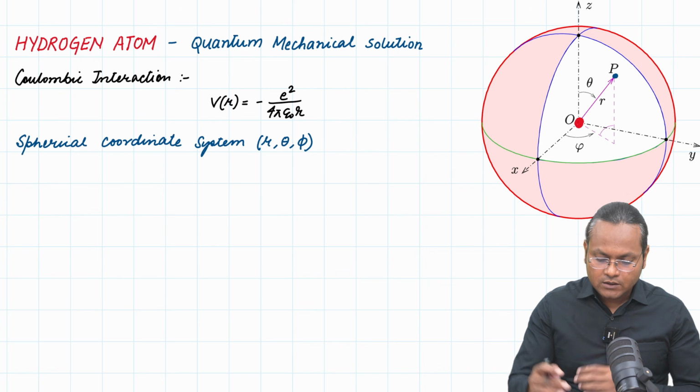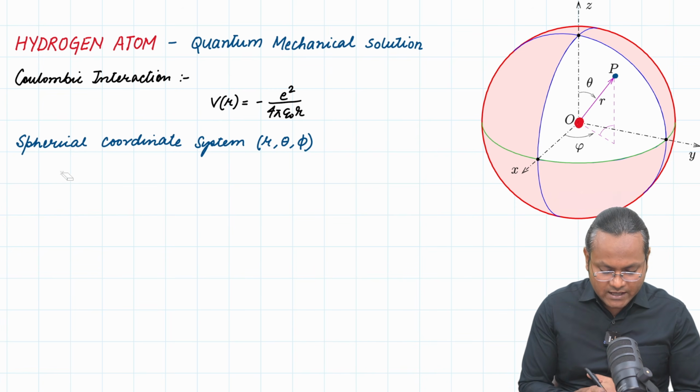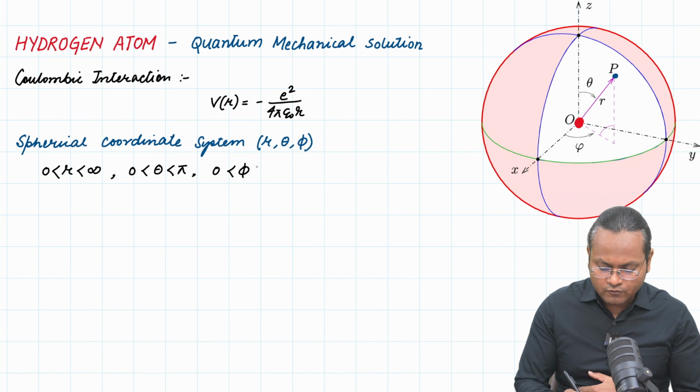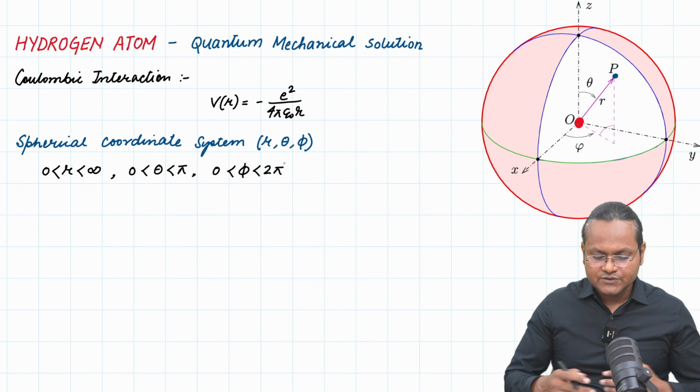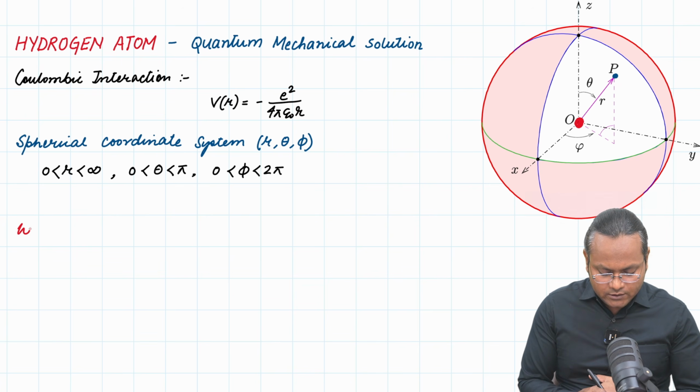If you look at the nature of this particular coordinate system, it is obvious that the radial magnitude can go from 0 to infinity. Theta, the polar angle, can go from 0 to pi, and the azimuthal angle phi can go from 0 to 2 pi. We are ultimately interested in solving this particular problem to obtain the wave function solution.